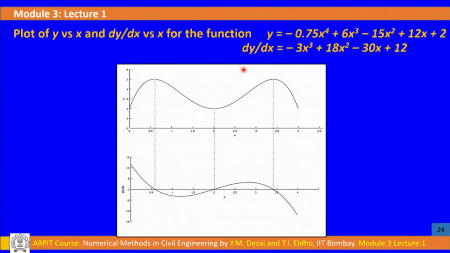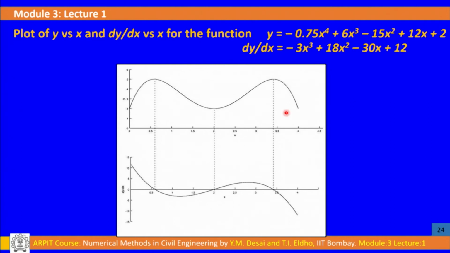For example, if I talk about, let us say, the algebraic equation y equal to minus 0.75 x to the power 4 plus 6 x cube minus 15 x square plus 12 x plus 2. I take differentiation of this with respect to x, we get the first order ordinary differential equation dy by dx equal to minus 3 x cube plus 18 x square minus 30 x plus 12.